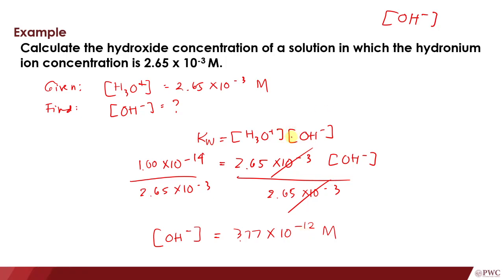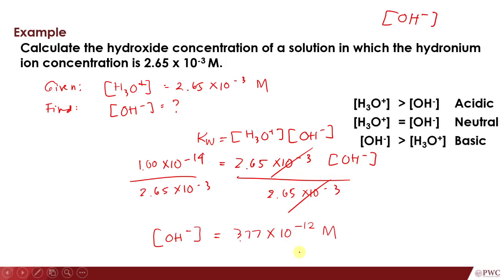Next, let's identify whether this one is an acid or a base. Let's compare our hydronium and the hydroxide concentration. Again, it's acidic when the hydronium is greater than the hydroxide, and basic if the hydroxide concentration is greater than the hydronium concentration. So we have 2.65 times 10 to the power of negative 3 and 3.77 times 10 to the power of negative 12. Again, it's based on the exponent.